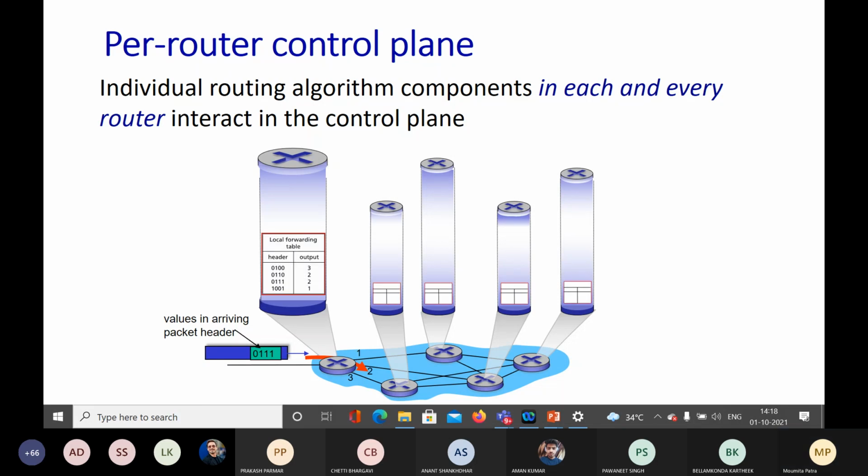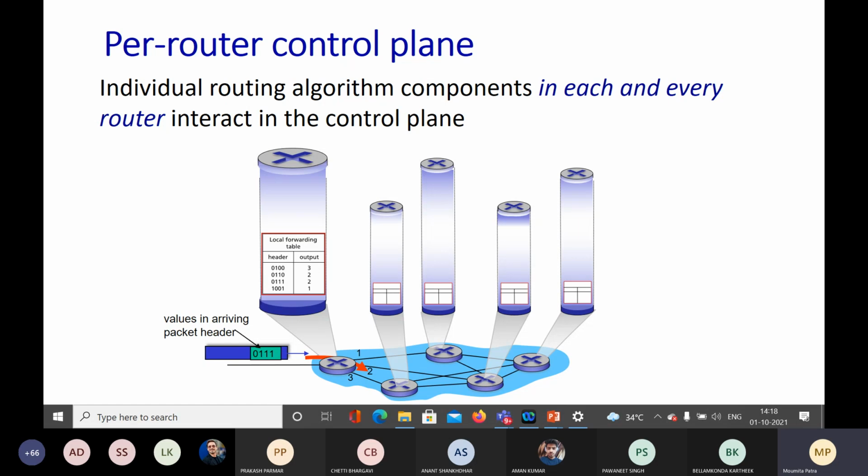See, as I have told you, you have this header field here, and that is checked. So you do have a functionality at the router, and you also have a local forwarding table at the routers, and then correspondingly you find out the path to the destination and also the corresponding output port.